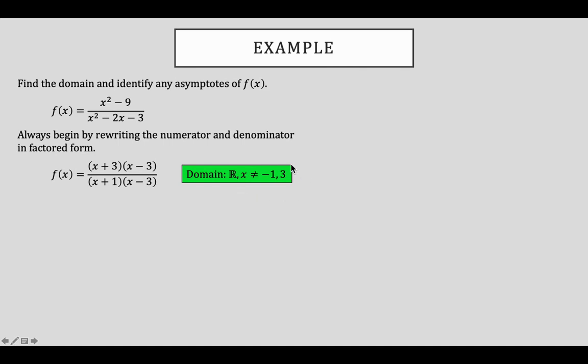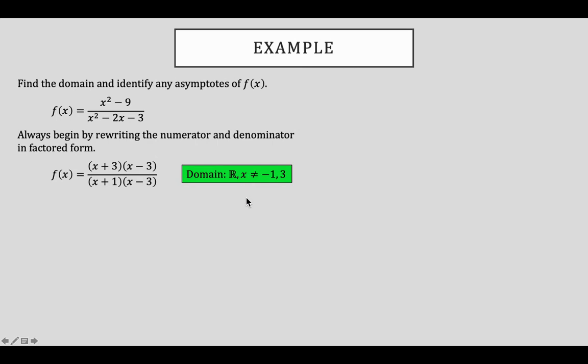Now, wherever your function is undefined, one of two things is going to happen. You will either have a hole in the graph or you will have a vertical asymptote. I'll say that one more time. Wherever your function is undefined, you will either have a hole in the graph or a vertical asymptote.